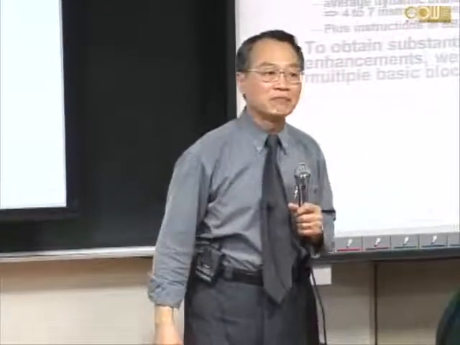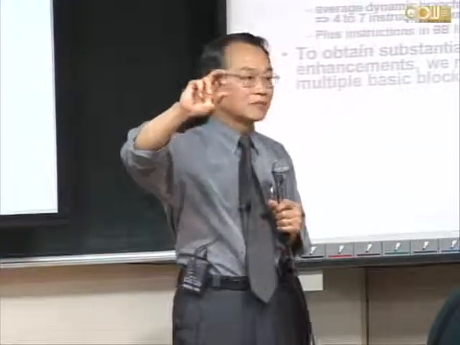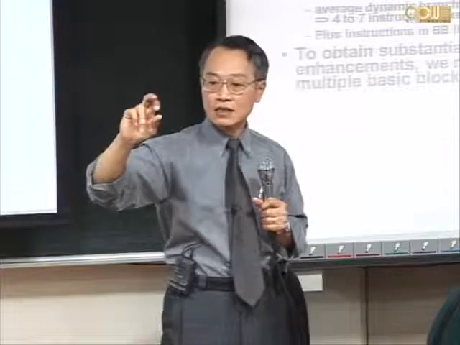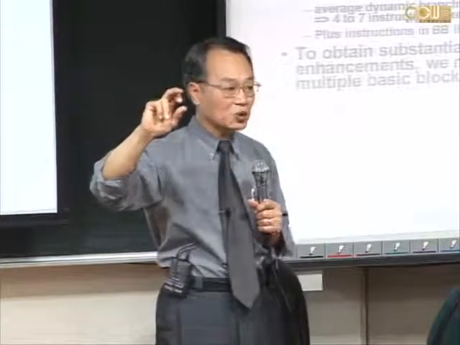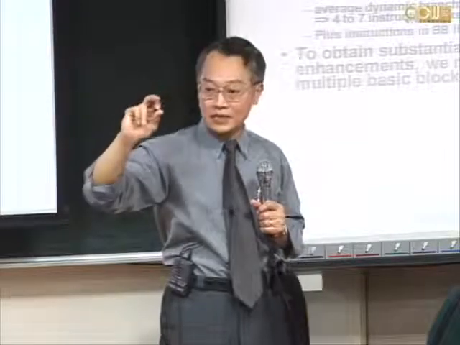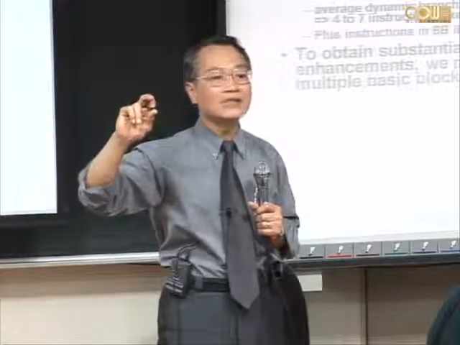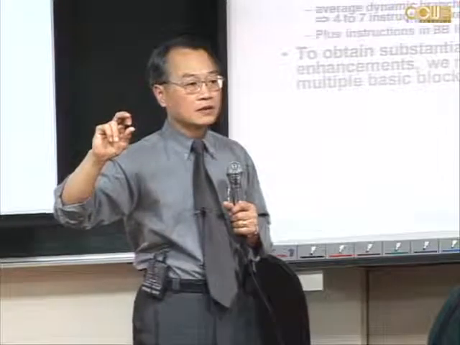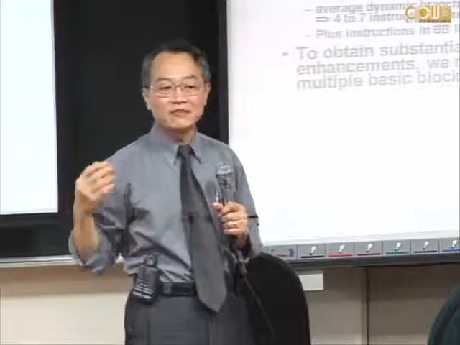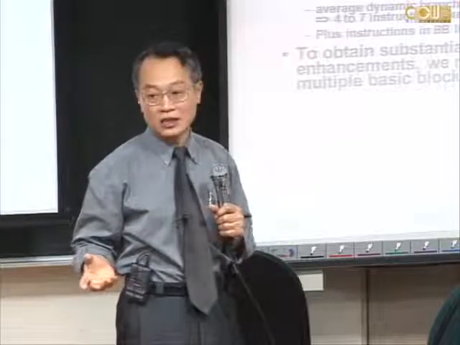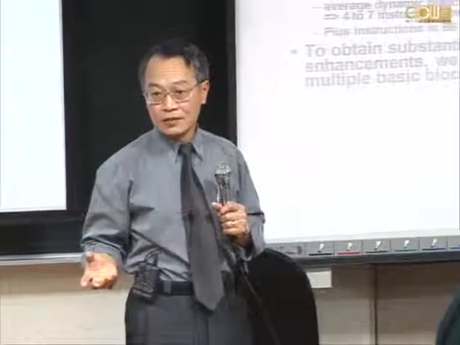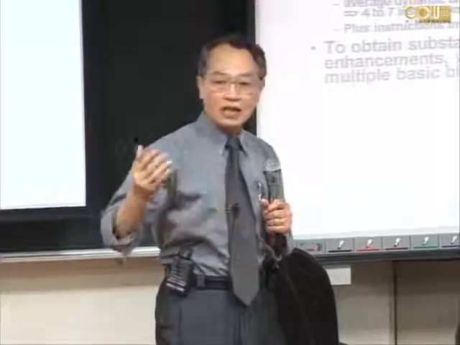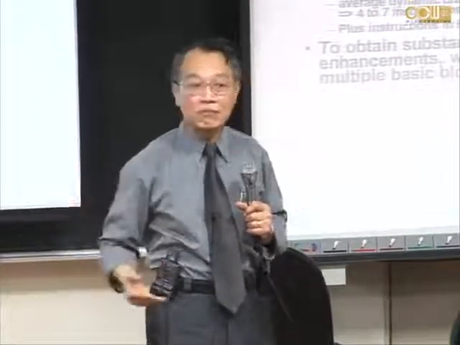Relatively, it's very easy because this code piece is known beforehand, plus there are not many instructions within this sequence. But there's no sufficient amount of ILP exploitable. So the next thing we need to do is to exploit ILP across multiple basic blocks.